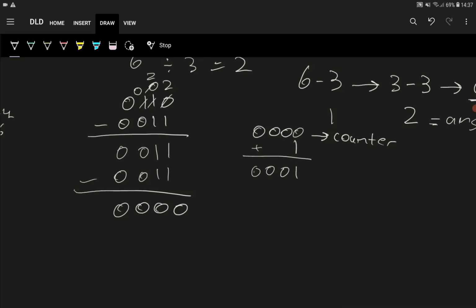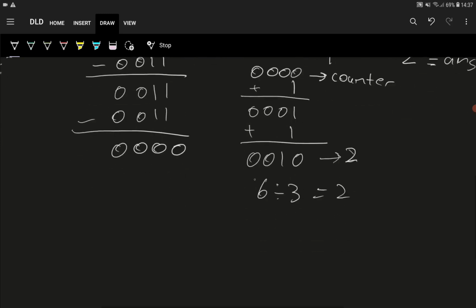Then we subtracted again. We subtracted twice. So we get our answer as 0010, which is 2, which is indeed the answer to 6 divided by 3, or 0110 divided by 0011 is 0010.